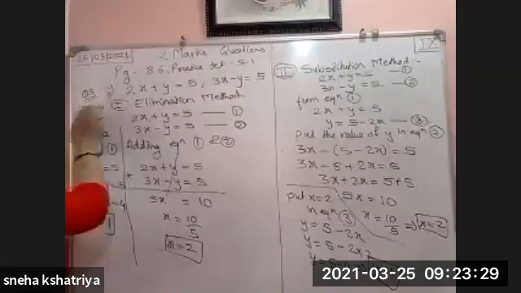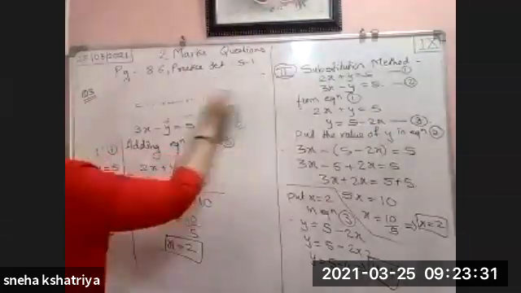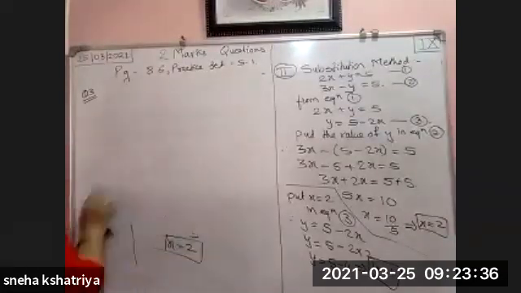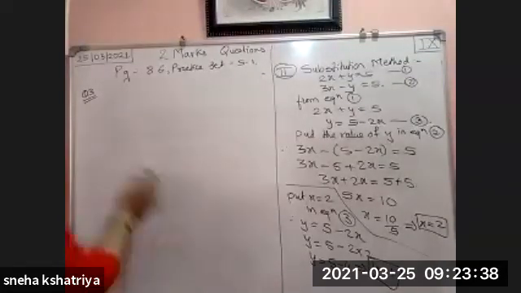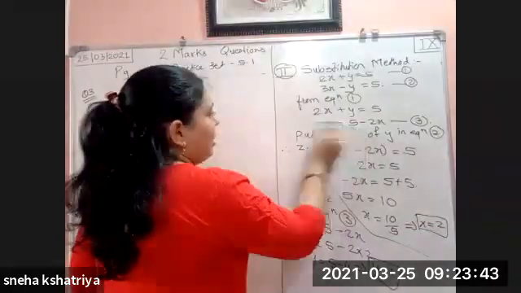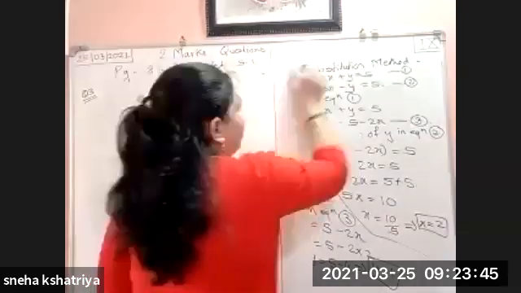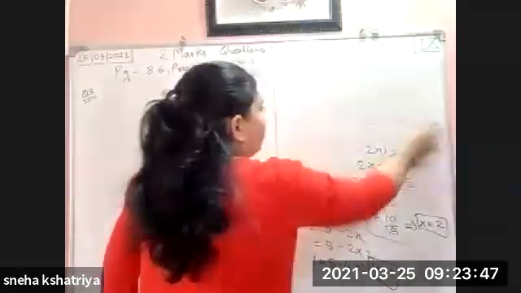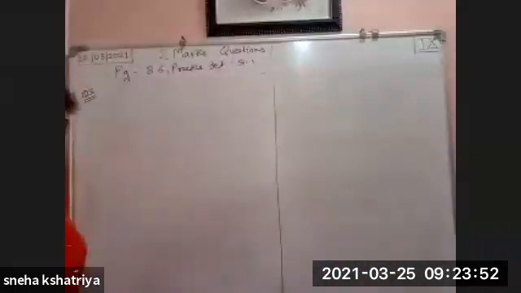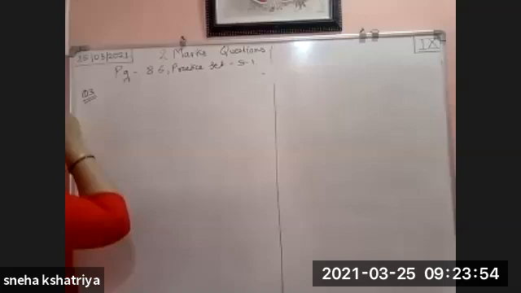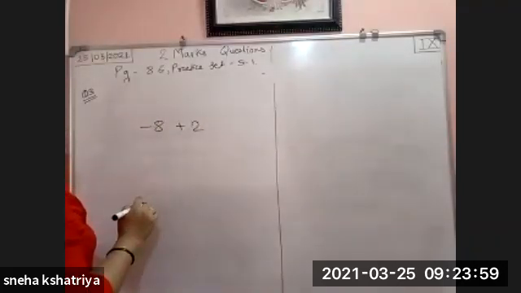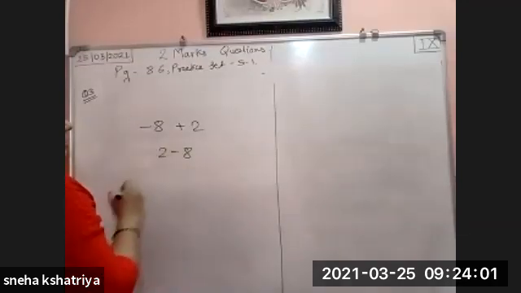Now, in this kind of examples, very important are addition, subtraction, multiplication, and division. Because if you are wrong in that, most of the time addition goes wrong. See here. For example, I am taking -8 plus 2 or 2 minus 8.